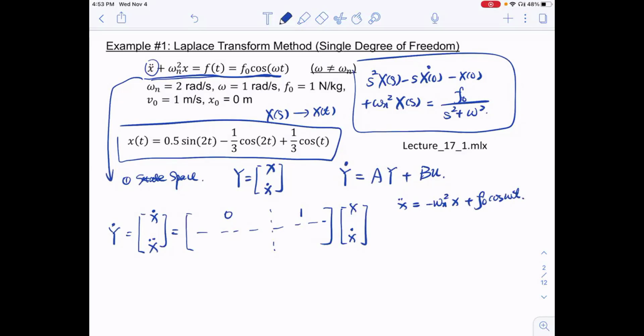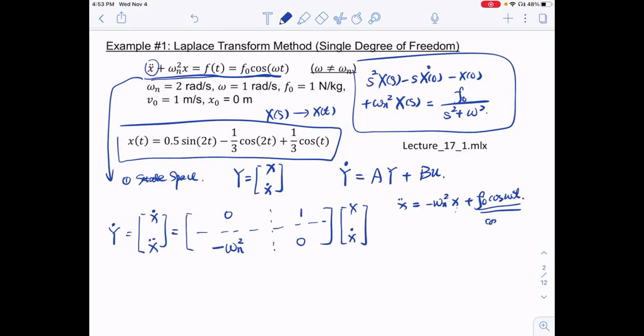All right, so that means you can describe your x double dot by using x and a constant. This x is one of your state variables. So you copy the coefficient for the x and put it in the first column, and then there's no x dot in it, so it's just 0.